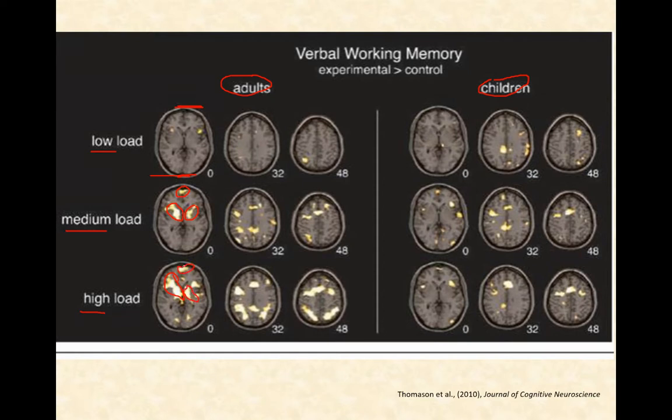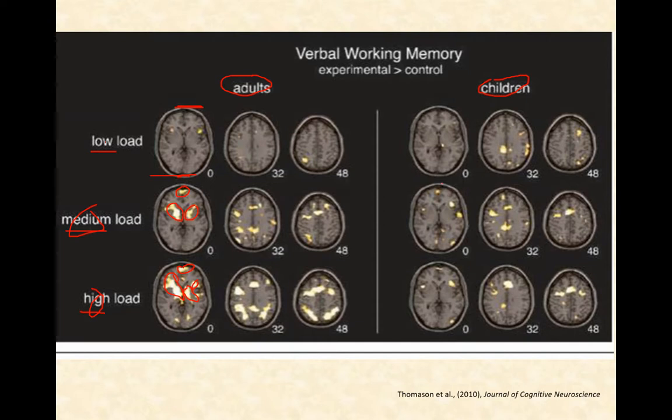I'm not highlighting all of these, but we see that adults are ramping up the activity in their brain relative to the complexity of the task. Easy, medium, difficult. Not much activity, moderate activity, lots of activity.